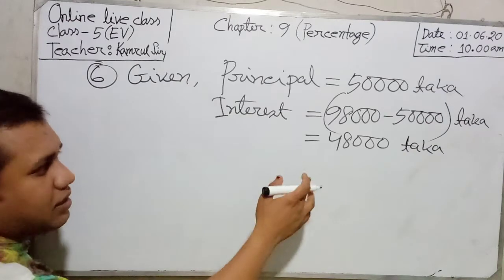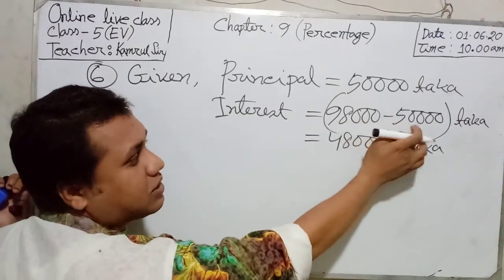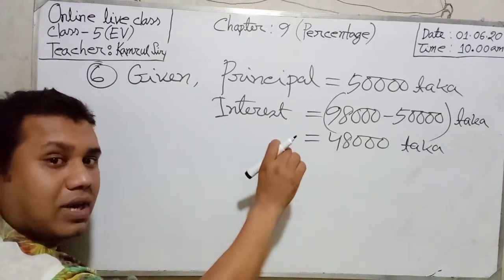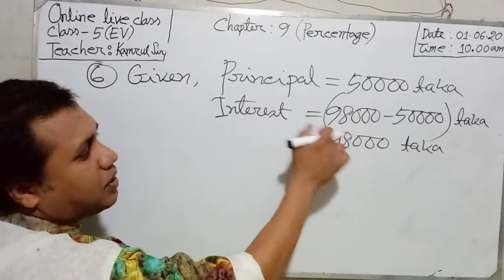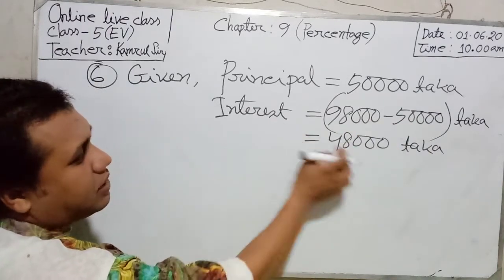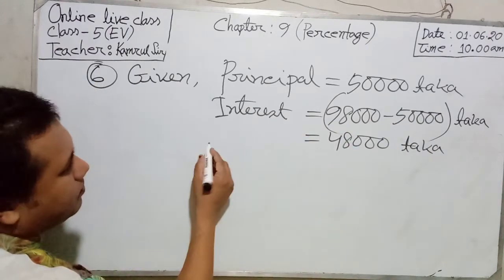Clear? Why? This 50,000 is our principal and 98,000 is our principal and interest. So if we subtract the principal, we will get only the interest. So interest is 48,000 taka.